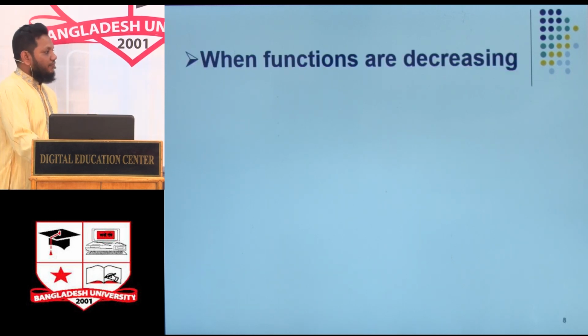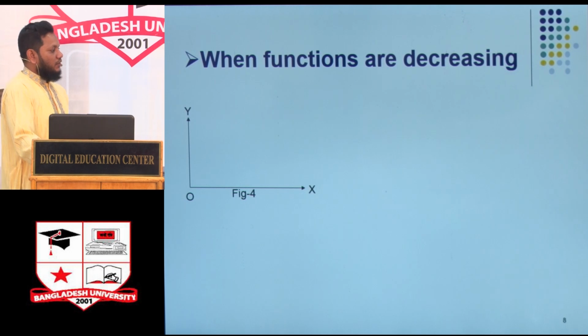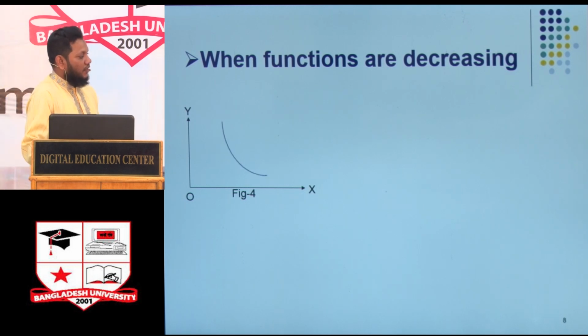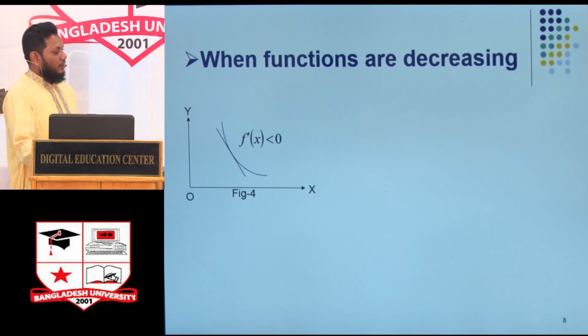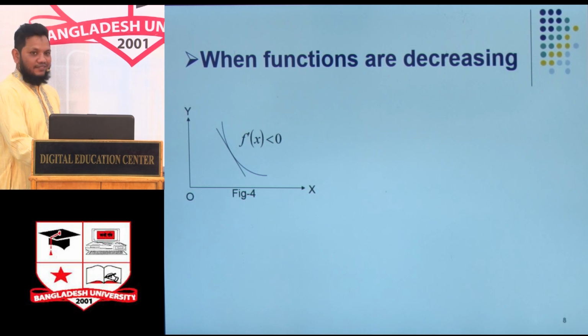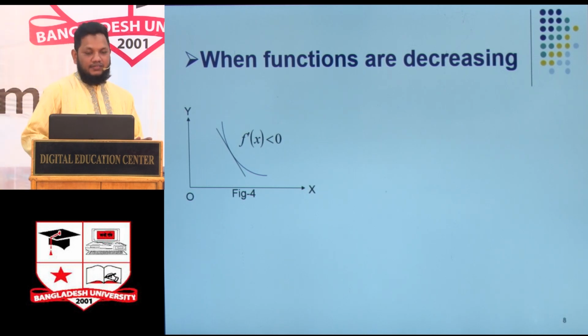Then what is a decreasing function? You see, if we draw a graph of y equals f of x, and if we draw a tangent at any point in this graph, the function is decreasing, because the angle between the tangent and the x-axis is greater than 90 degrees.